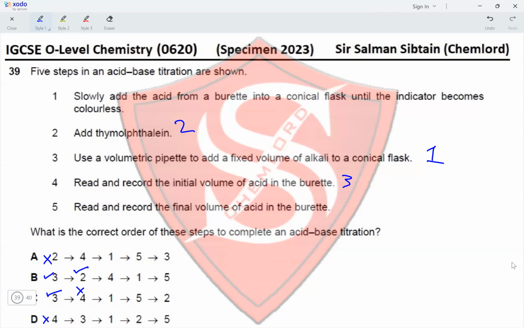And then the fourth step would be to slowly add the acid from the burette into the conical flask. This should be the fourth step. And the final step should be read and record the final volume of the acid in the burette. So the correct order for the acid-base titration is step 3, step 2, step 4, step 1, step 5, which makes option B the correct option for this question.